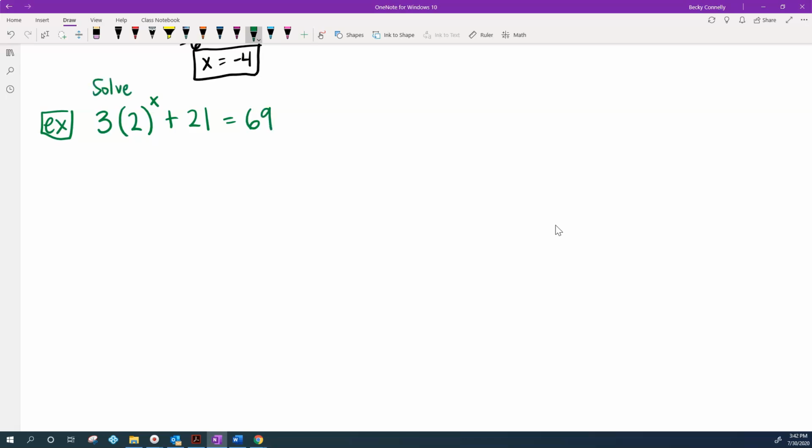Again, we're going to solve it, trying to figure out what x is. Right now, x is that exponent, and it's really hard to solve for it when we've got all of this other stuff around it. So just like with any equation, you're going to isolate 2 to the x power. What would you want to start by doing on this one?